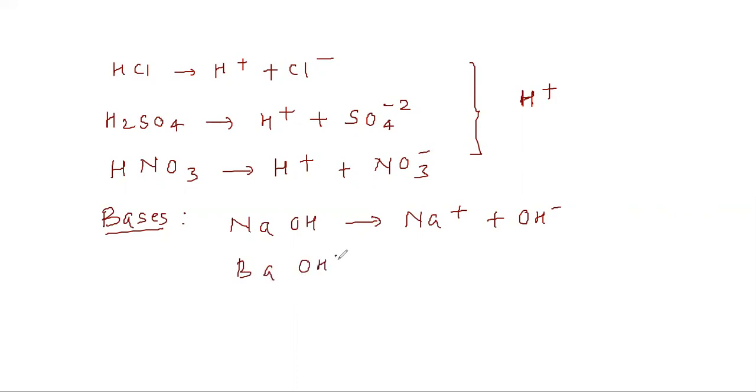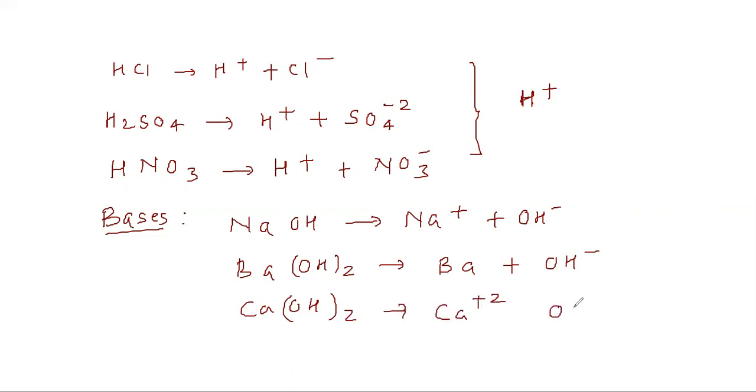Ba(OH) whole twice, which is base. So it breaks into Ba double plus and OH minus. Ca(OH) whole twice. This also breaks into Ca double plus and OH single minus.